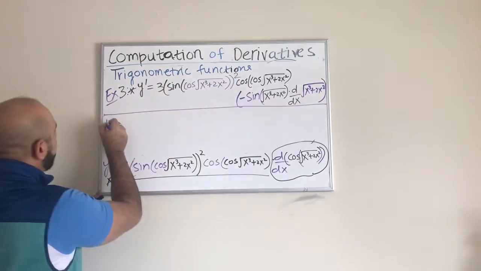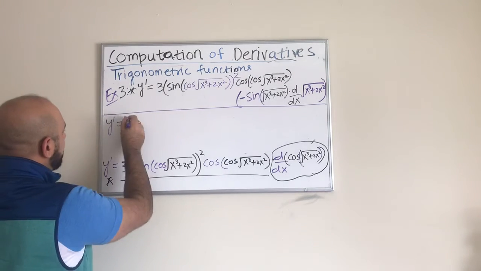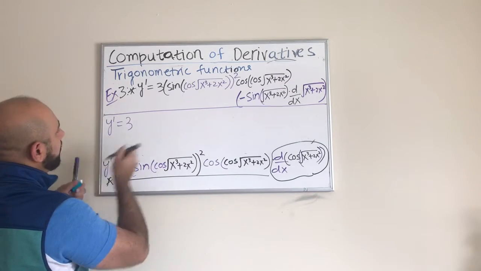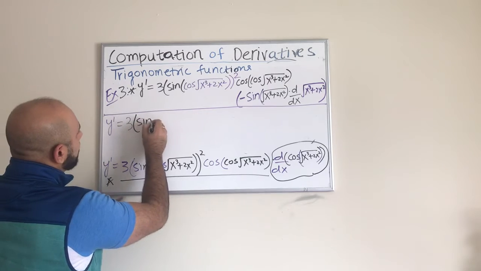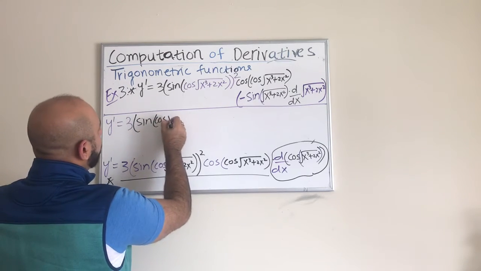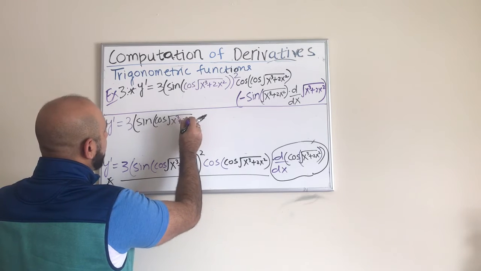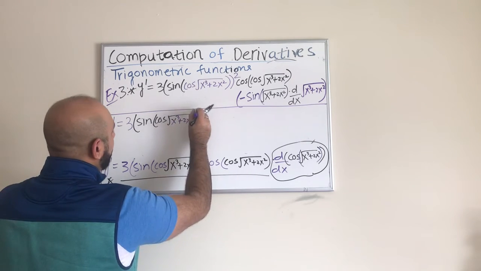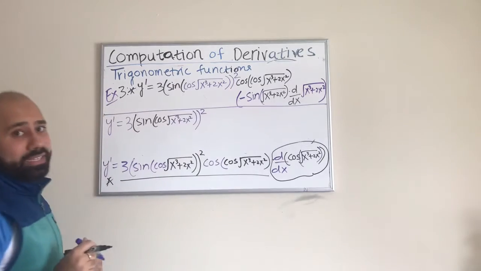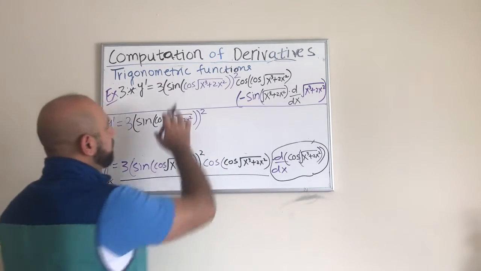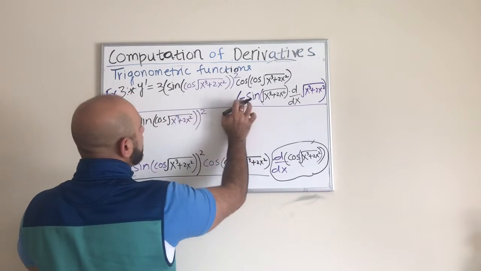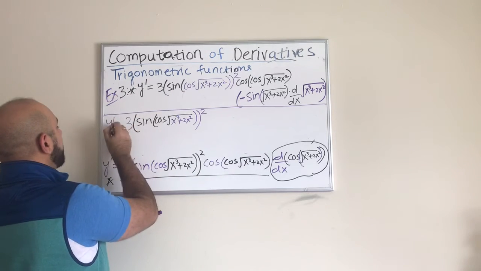Now moving on, guys, this is going to be 3 times, and let me try to write in the rest of this, sine of the cosine of radical x cubed plus 2x squared, and you got to close the parentheses, square it. I'm just rewriting it, guys. I don't have to do anything with the first 3 terms. All I did was bring this negative up front.